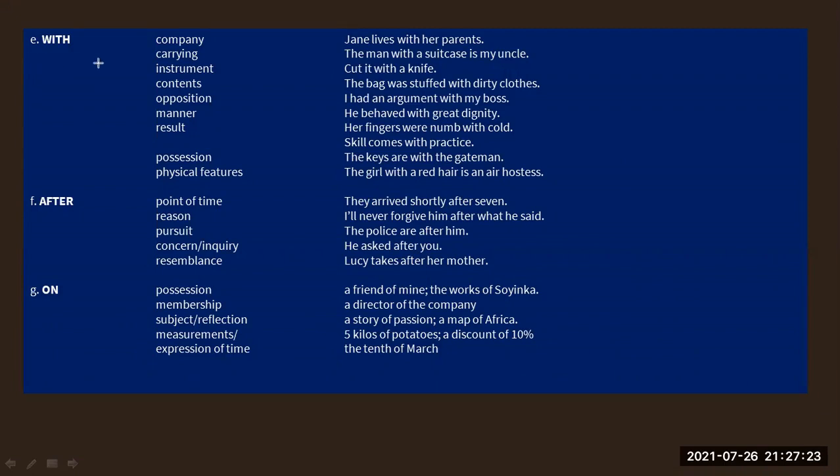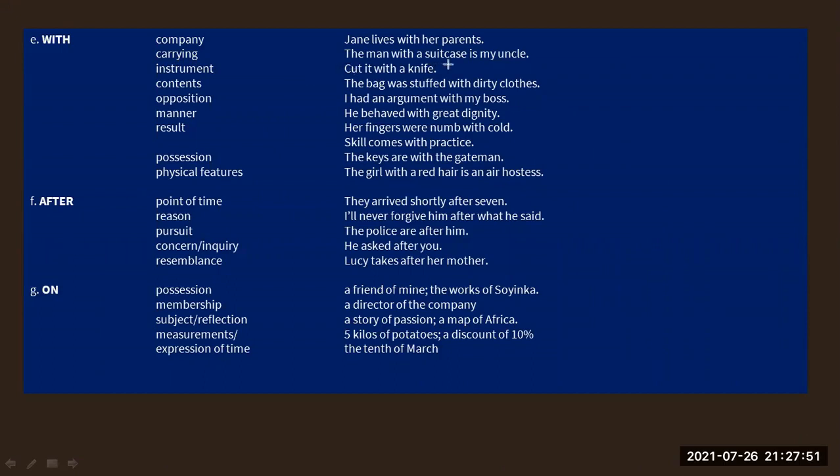Then we can use with to indicate company, someone you keep company with. For example, Jane lives with her parents. She is in company of her parents, okay? Then carrying, when you carry something, we say it's with you.